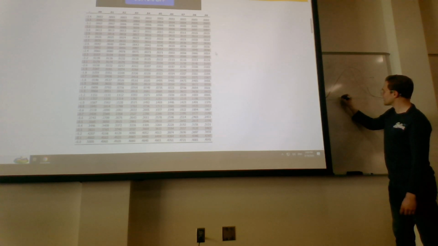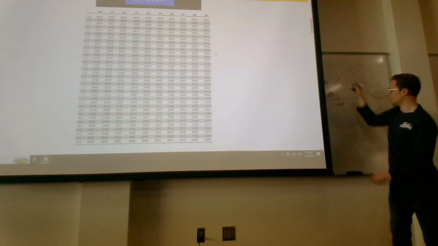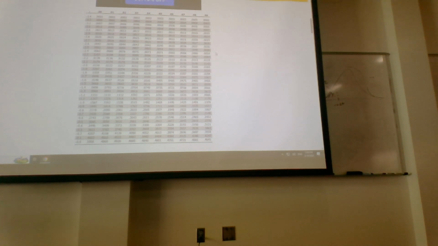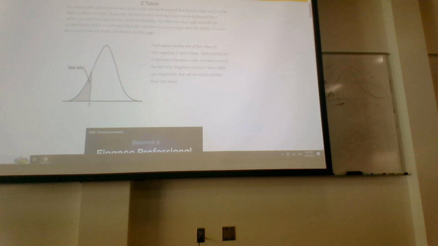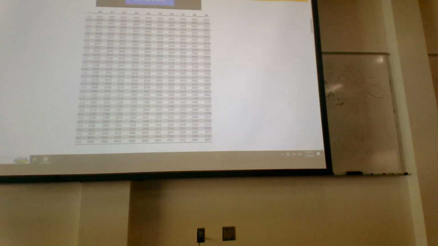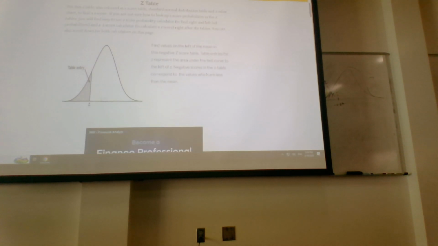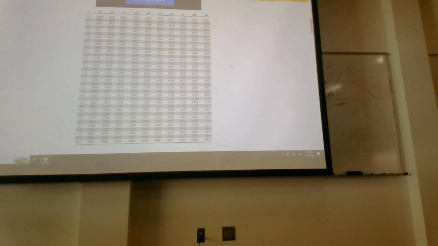The point is, when z is negative 0.84, then this area is 0.2. I did that because I wanted the 20th percentile. This area is 0.2. I went down here and found 0.2, which is about negative 0.84, and that's what z is right there. Say we're taking the test and we're shown that graph and it says we want to know the 20th percentile.